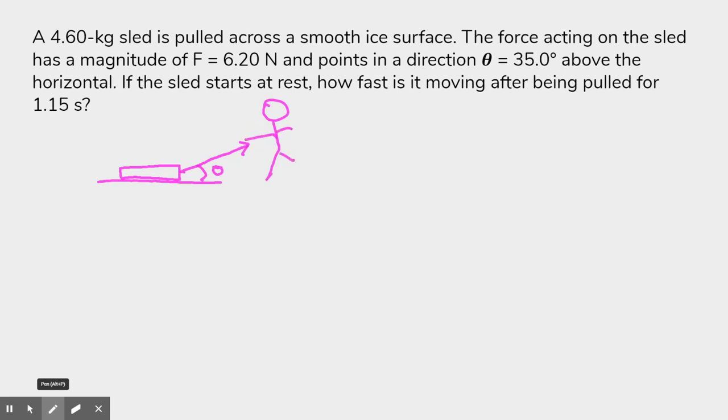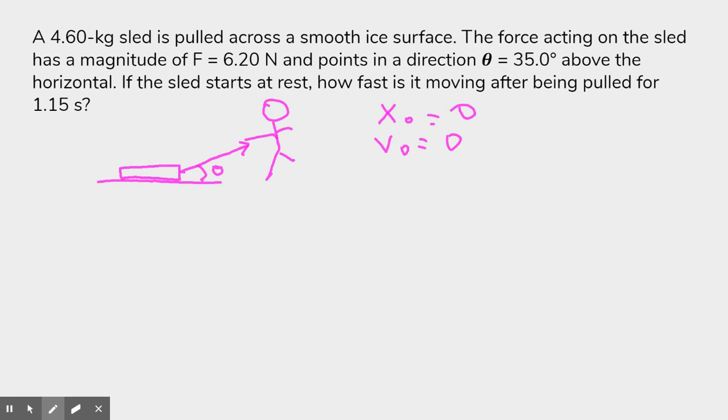There's my little stick figure. If the sled starts at rest, that means the initial position and initial velocity are all 0. Then how fast will it be moving after it's pulled for 1.15 seconds?